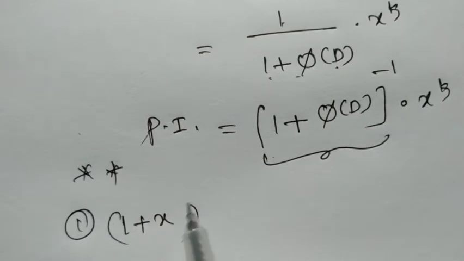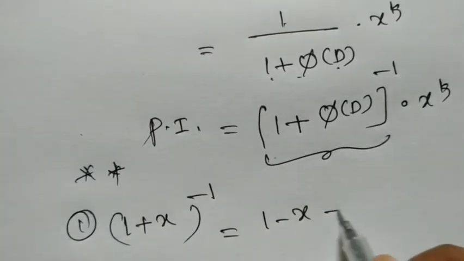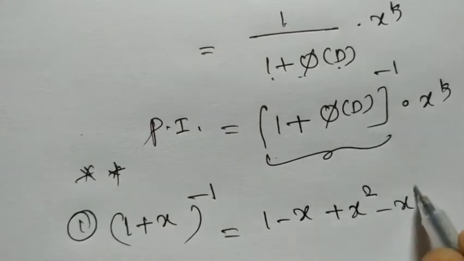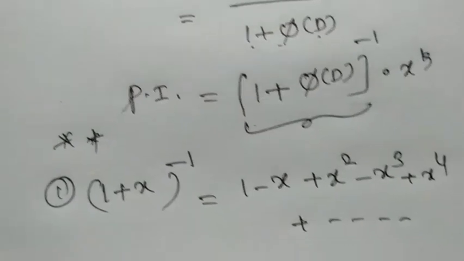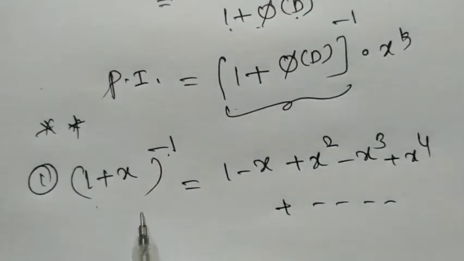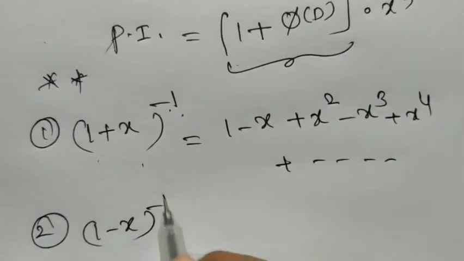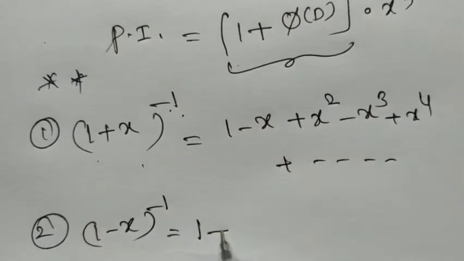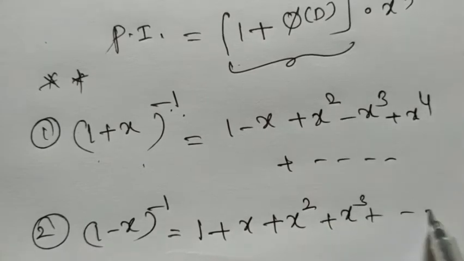Number 1: (1 plus x) whole power minus 1 equals 1 minus x plus x square minus x cube plus x power 4 plus and so on. Next, (1 minus x) whole power minus 1 equals 1 plus x plus x square plus x cube plus and so on.